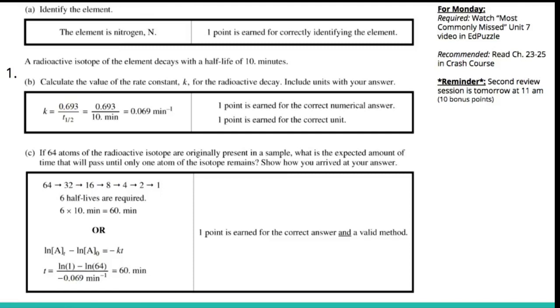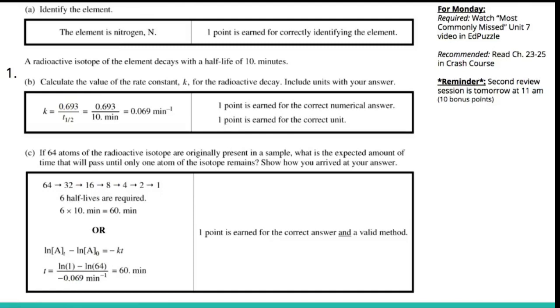And then part B says calculate the value of the rate constant k. Now the important thing here is the fact that it says that it's radioactive decay. Radioactive decay is a common example of a first order process. So if something says that it's radioactive decay, that's another way to know that it's first order.